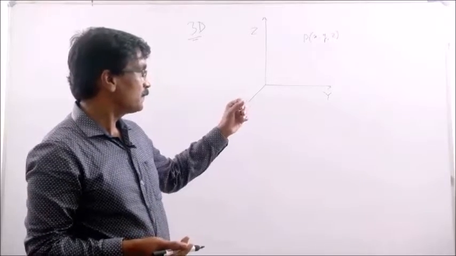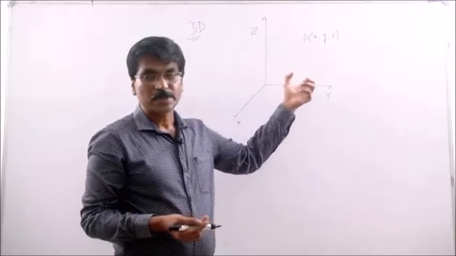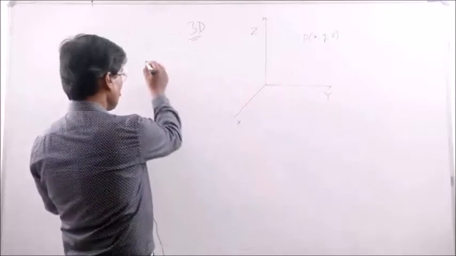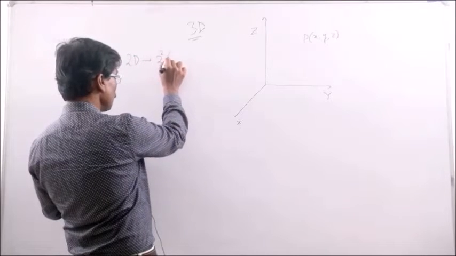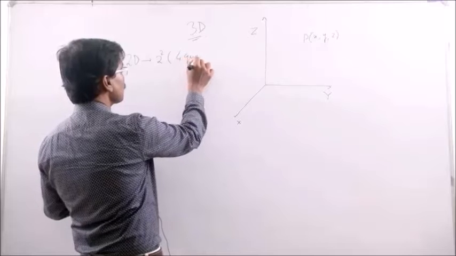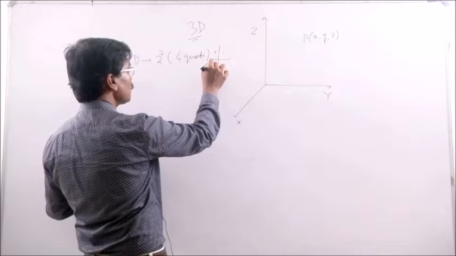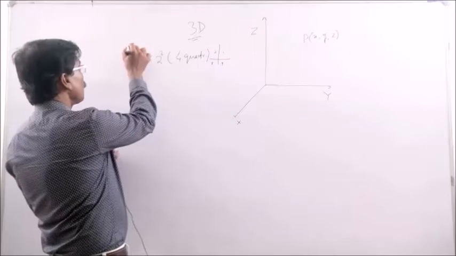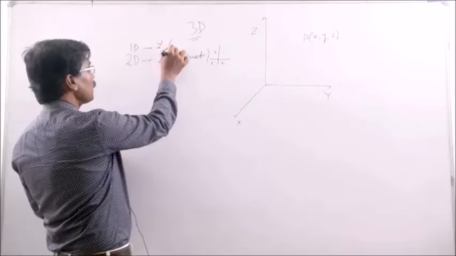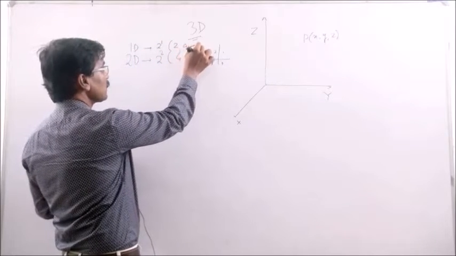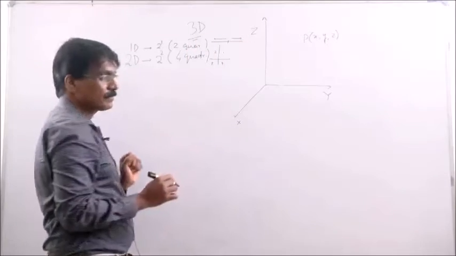So, 3D divides space into 8 quadrants. 2D divides into 2 to the power 2, that is 4 quadrants: 1, 2, 3, 4. 1D, that is a straight line, is 2 to the power 1, that is 2 quadrants, that is both sides positive.